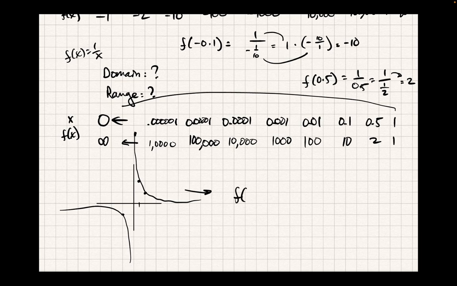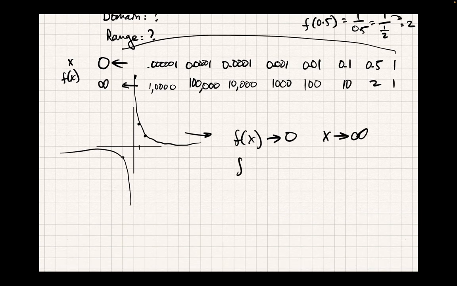F of x approaches 0 as x approaches infinity. And what does f of x approach as x approaches negative infinity? Also 0. So does it ever reach 0? No. Does x ever reach infinity? No. Or negative infinity? No.